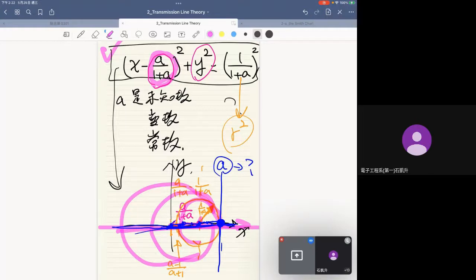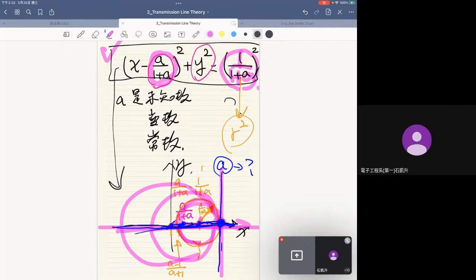And because the radius of these circles is always 1 over 1 plus a, the right-hand position of every circle is always on 1.